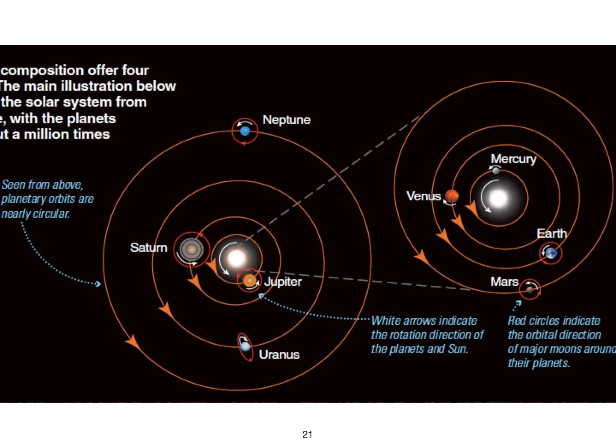Now, not only is the revolution or the orbits of all of these planets in the same direction, for most of them, the rotation around an axis is also so-called prograde, meaning they rotate in the same sense as they revolve.